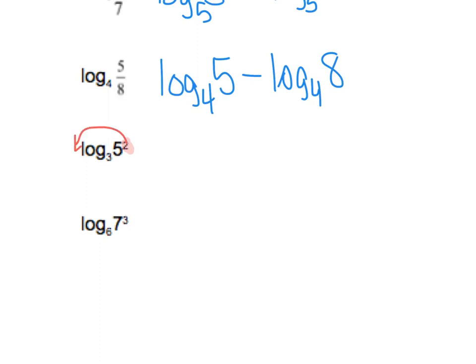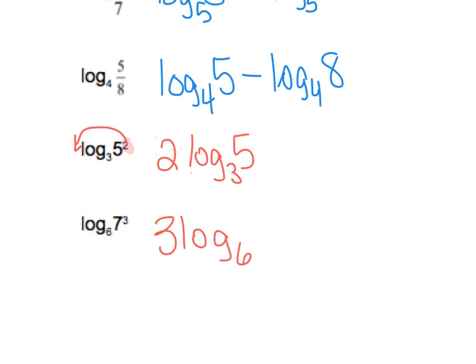So log base 3 of 5 squared would be, we have to move that 2 out into the front, 2 times log base 3 of 5. Same idea, log base 6 of 7 to the third power. Take that exponent, move it to the front, 3 times the log base 6 of 7.